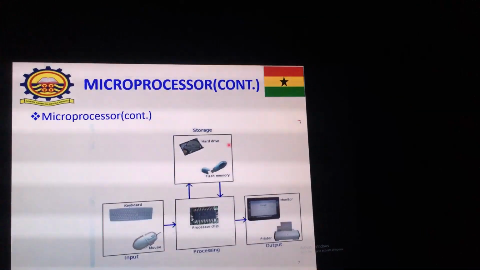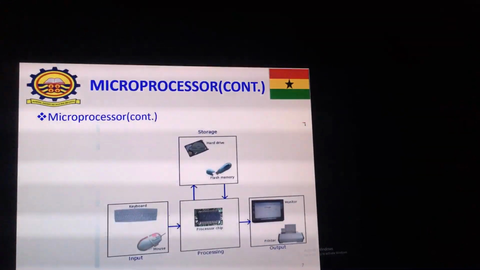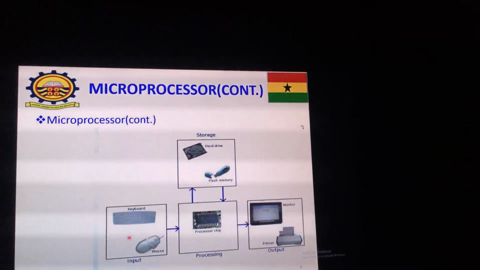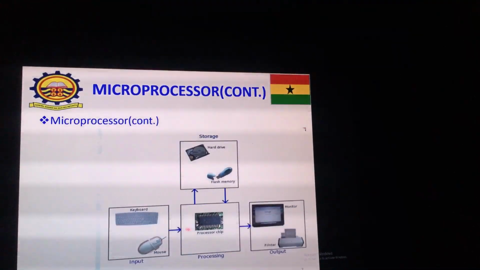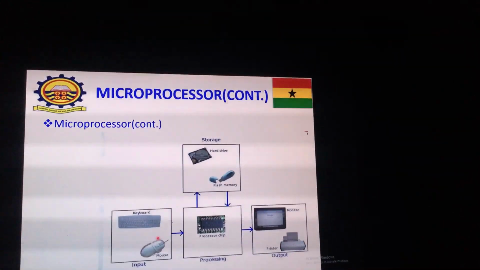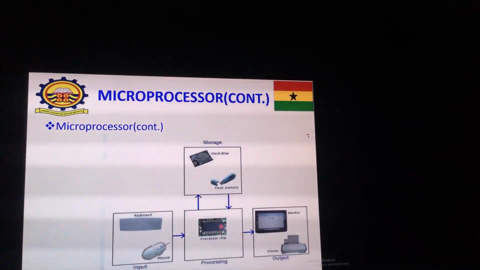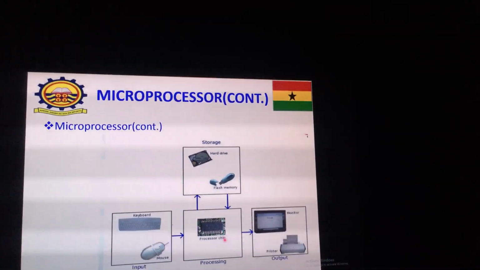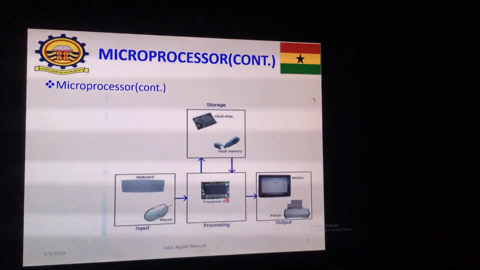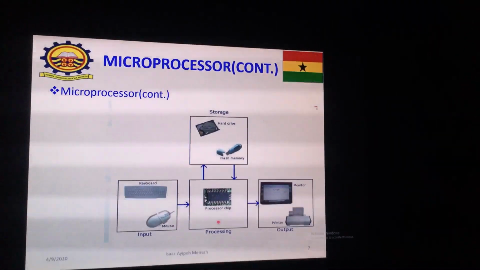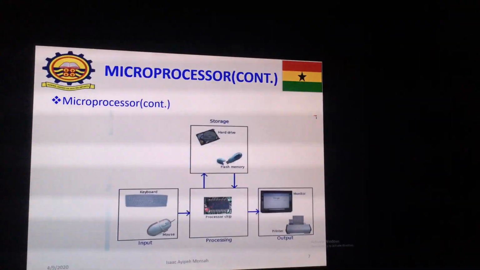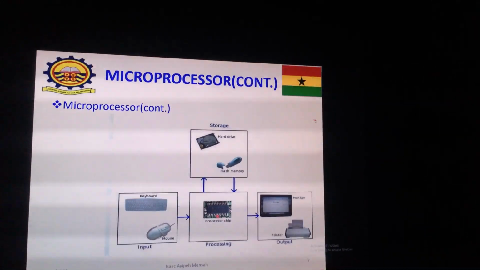Microprocessors are given inputs as commands. So the input can be your mouse or your keyboard to give the command. Then the processing is done at the processor chip.